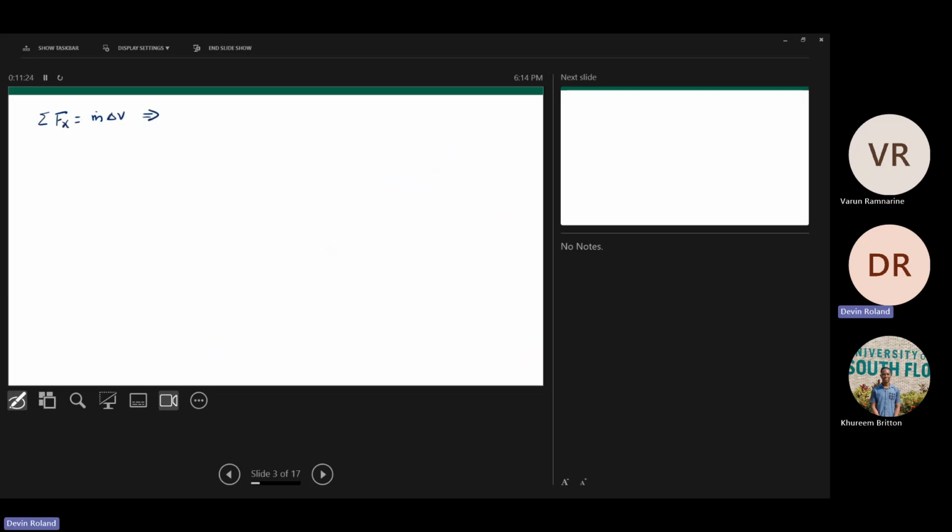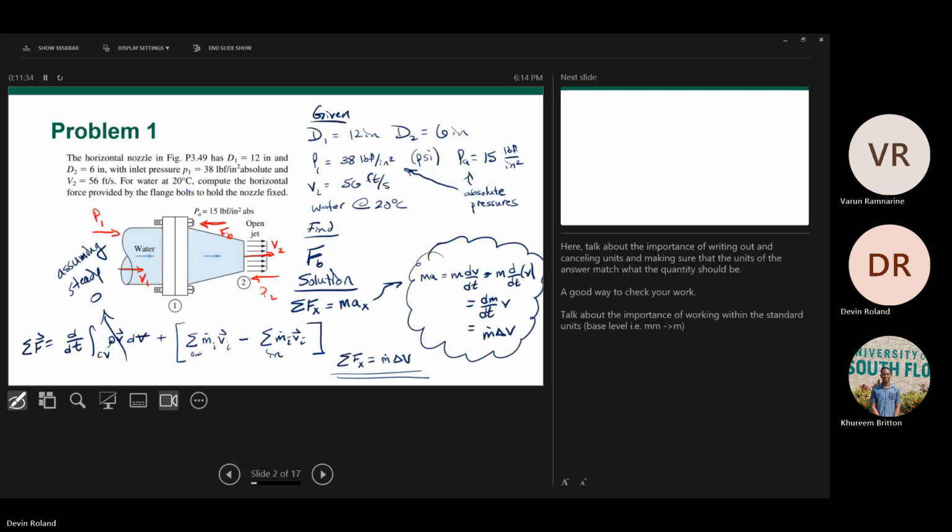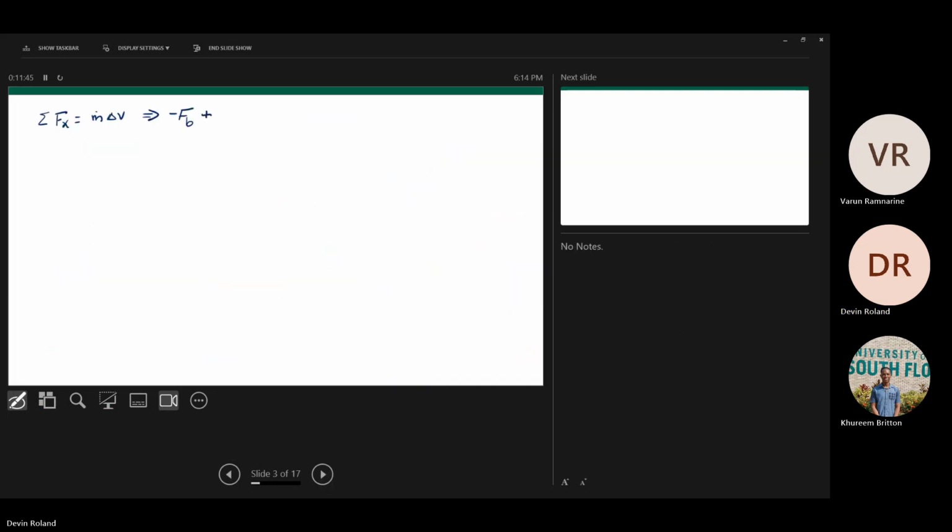That gives us the force of the bolts in the negative direction, and then a positive pressure in the x direction for P1, and P2 is going to be negative.